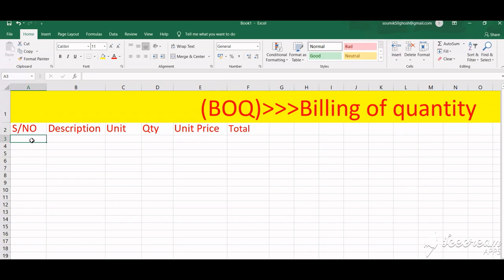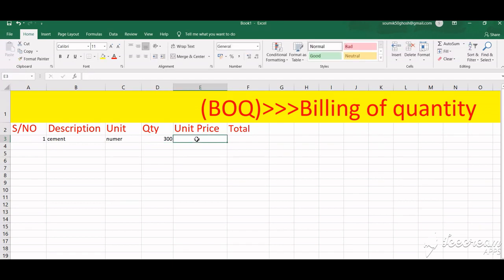Serial number, I just put 1 here. And description, I put cement. And unit is number. And the quantity is 300 bags.